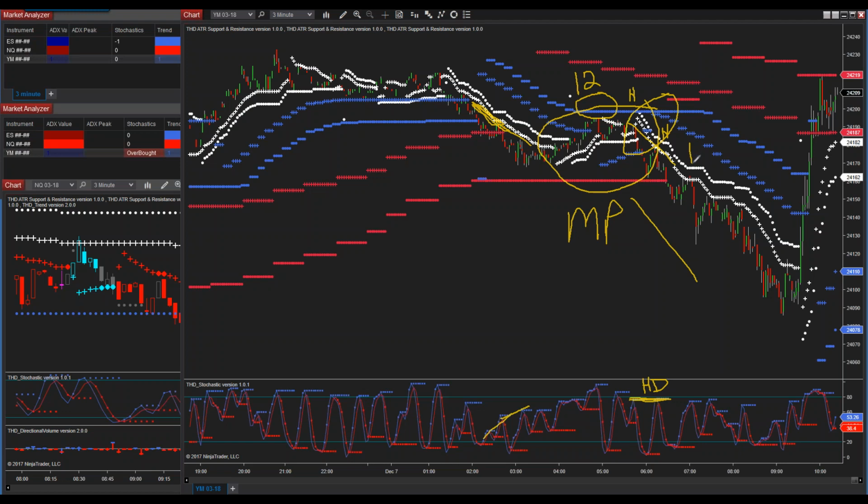Then you come back over here again. Again, you get a lower high, but an equal in the stochastics. Then you go lower. You still go a little bit above the last one. Connect the blue dots to the blue dots, okay? And then it goes down, and it goes down, and look, there you have it again.